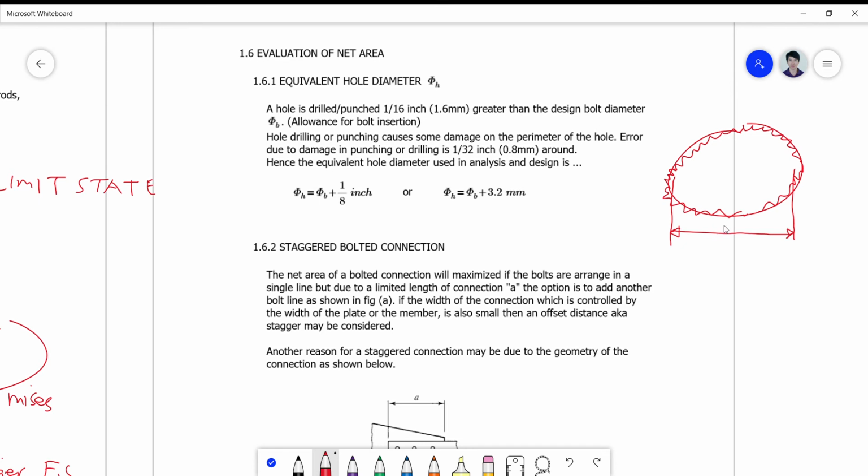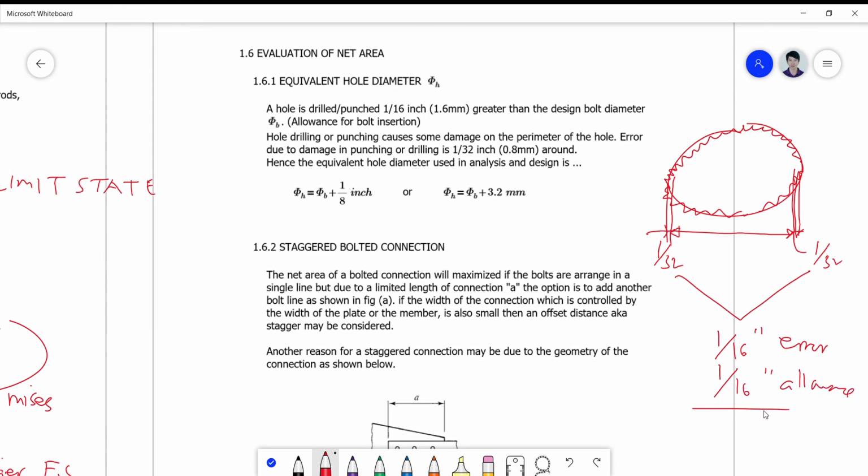Of 1/32. Okay, so I have here a correction factor, both sides, of 1/32 here and 1/32 there. So if I add it, these two will become 1/16 inch. This 1/16 inch and 1/16 allowance will add up. So this is the error plus 1/16 allowance.